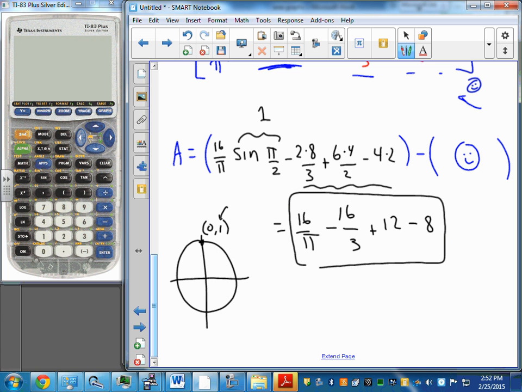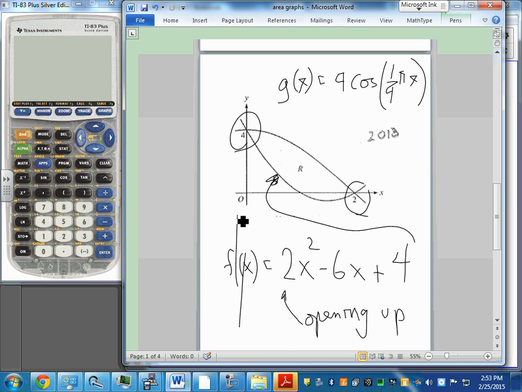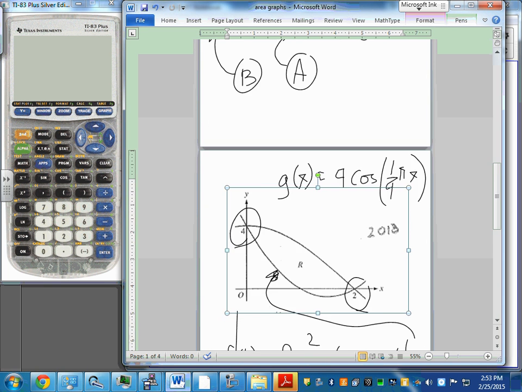Okay, the last one I want to do in this third lecture is the one from last year. Last year, students were given this problem. This is 2014. Here's my scanned page.